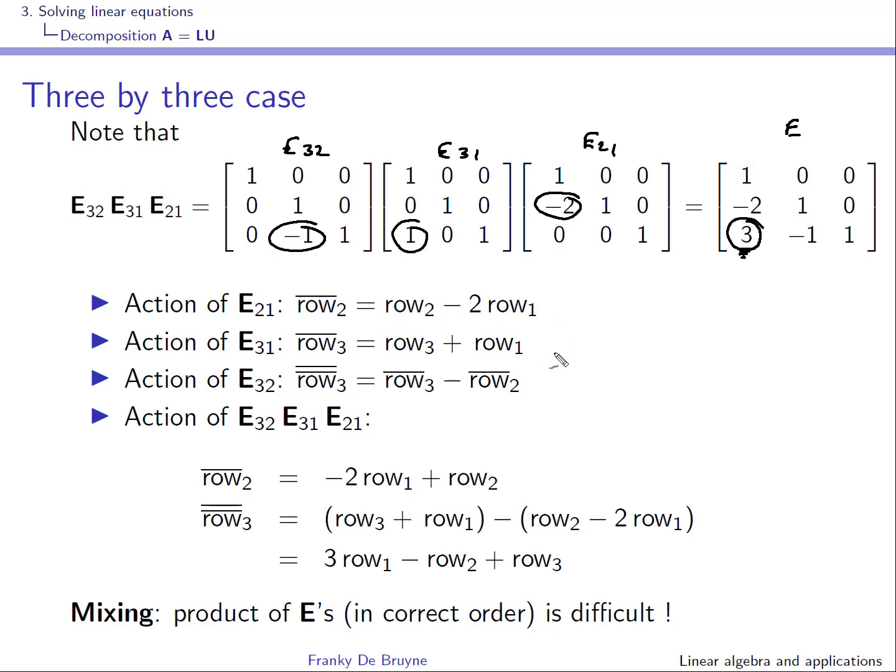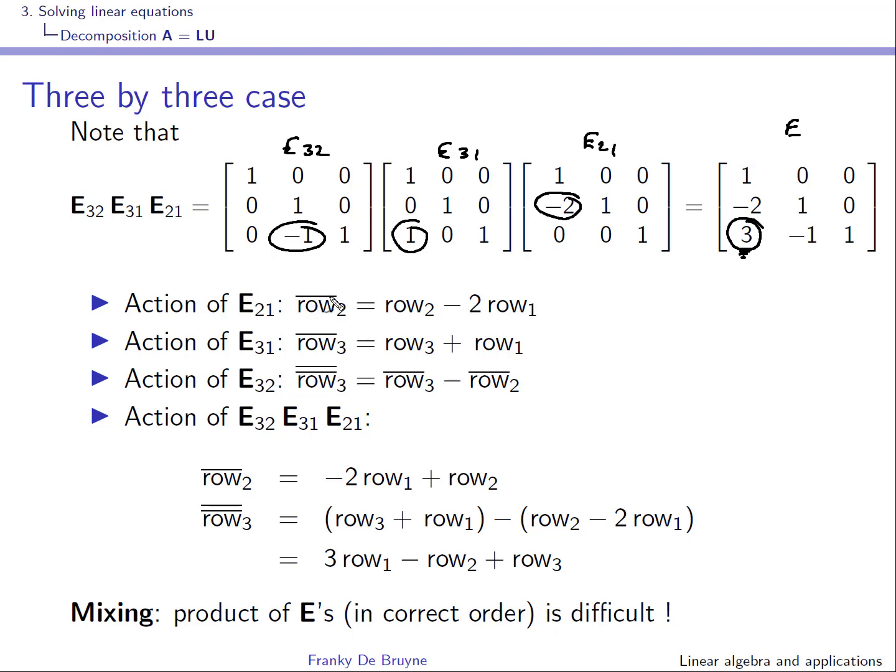Okay, E31, third line, you can see this. The new row 3 is the old row 3 plus row 1. This is what you see in this line over here. And E32 implements, well, the new row 3 is the old one, the one that had been computed previously, minus the new row 2 that has been computed over here.